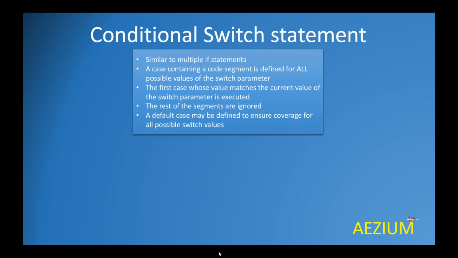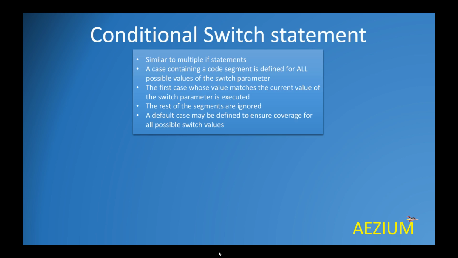switch parameter. If those match, a body of code which is associated with that particular case is executed and the other cases are ignored. In Swift, it is possible for a number of cases to have values which are equal to the value of the switch parameter.